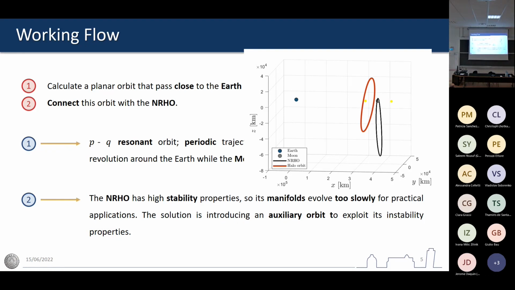This is a first solution approach using only manifolds to connect the resonant periodic orbit and the target orbit.